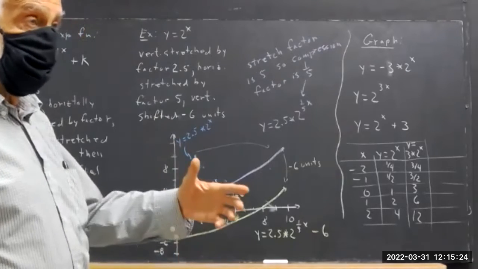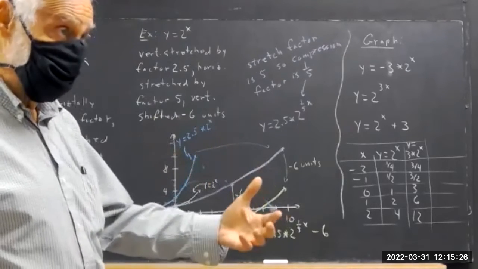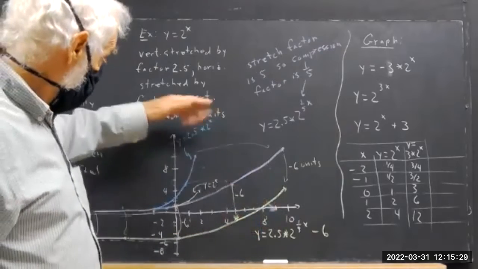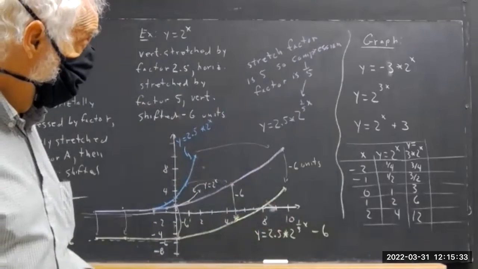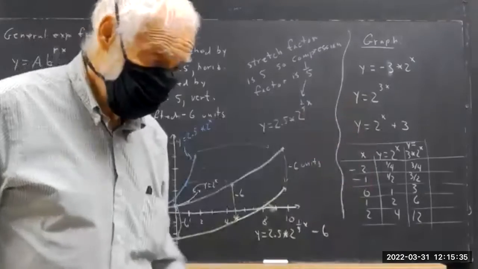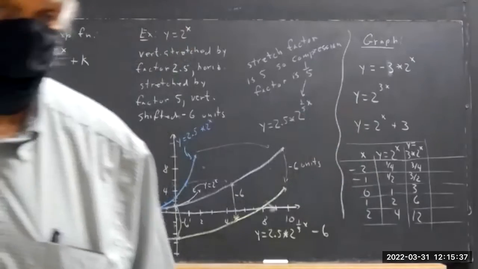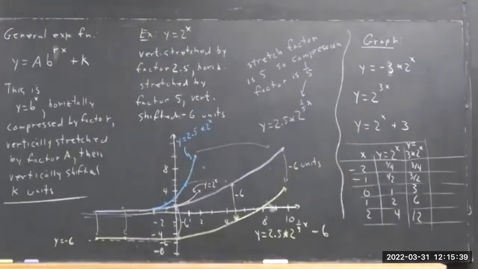Well, 3 times 2 to the x is a little bigger than 2.5 times 2 to the x. It's going to be a little higher than this graph. So that's what it's going to end up looking like. Now 2 to the 3x and 2 to the x plus 3 won't look much like anything you've already seen. But you want to imitate what I did when I drew these graphs. And if you want to use a table, for now, that's okay.